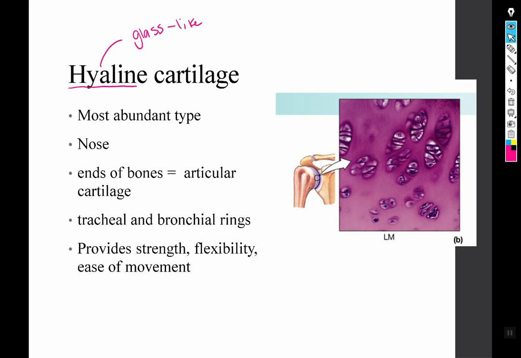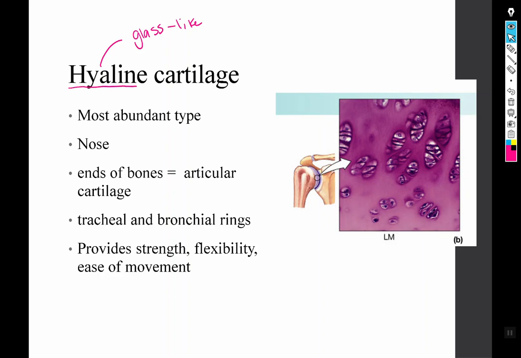So it's partially in your nose, although there is some elastic cartilage in your nose as well to give it that springiness. It's also on the ends of the majority of your bones so that your bones don't grind against each other in your joints. It makes your trachea and bronchi stay open like a drinking straw instead of collapsing.